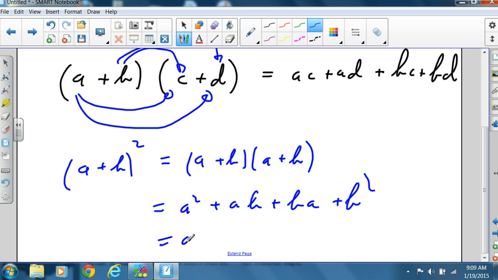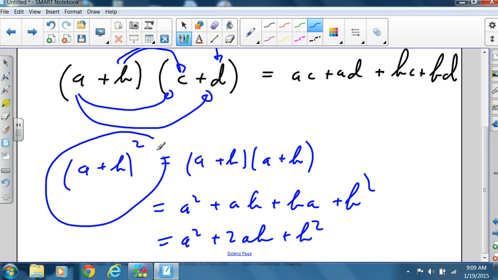And I'd write that as A squared plus 2AB plus B squared. And I'd skip all those steps. I just go from there directly to here, because in the front of my book it tells me that (x plus y) quantity squared is equal to x squared plus 2xy plus y squared. And I would remember that, and I'd skip all those other steps and just write down the answer.